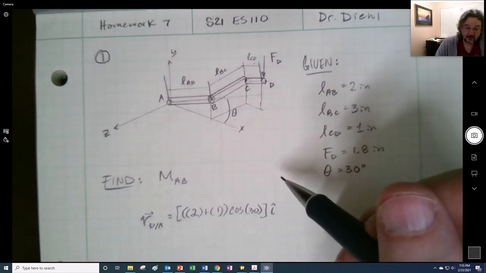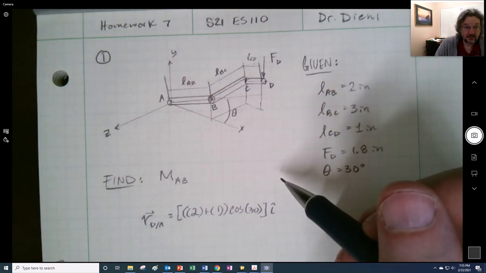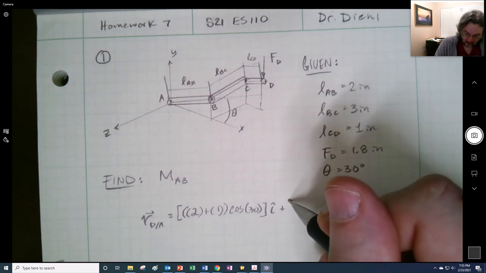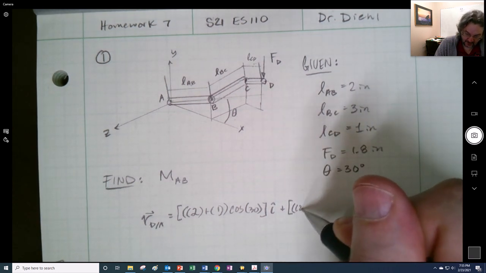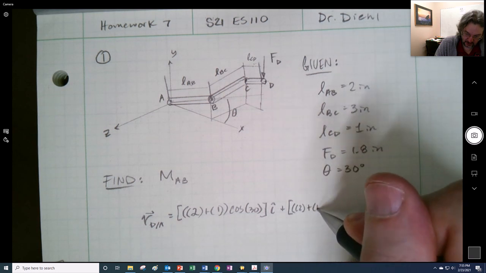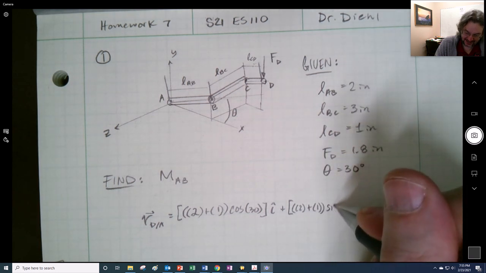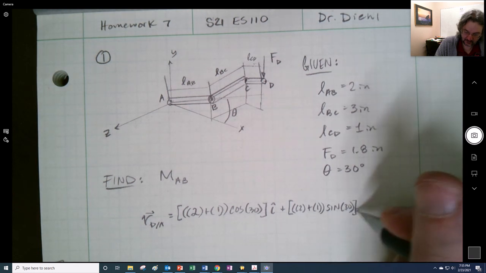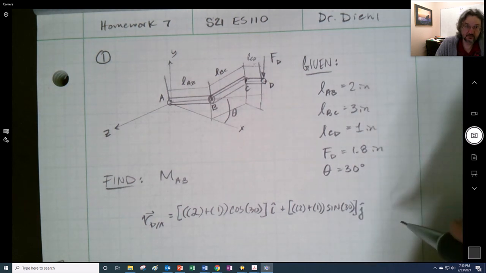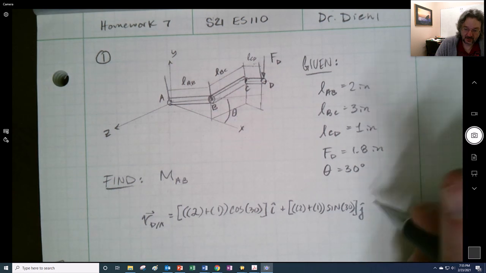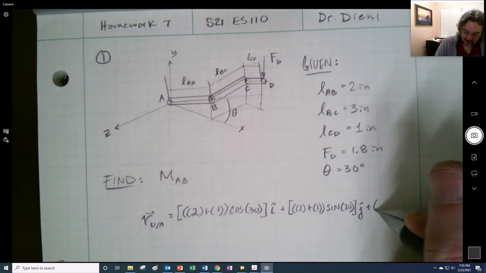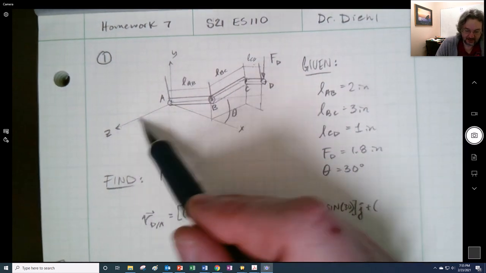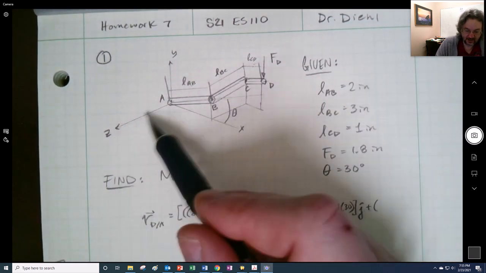I. All right, so, and in the y direction, that's going to be 2 plus 1 times the sine of 30 degrees, right there, J. And now in the z direction, it's going to be entirely LBC because it is completely in line with this right here.